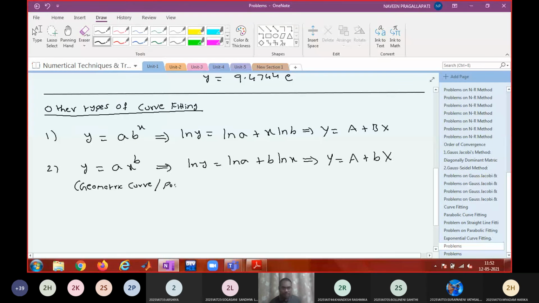This is a geometric curve or power curve. So you transform the given equation suitably into standard form and write down the normal equations.